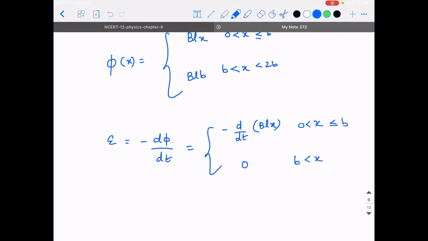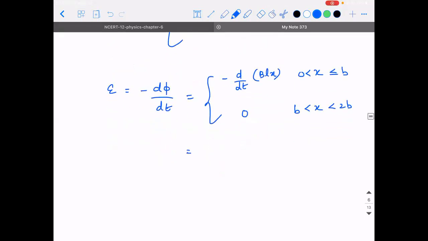This when X is greater than b and less than 2b. This value will be minus B into L into dx divided by dt, when X is less than or equal to b, and 0 when X is greater than b and less than 2b.